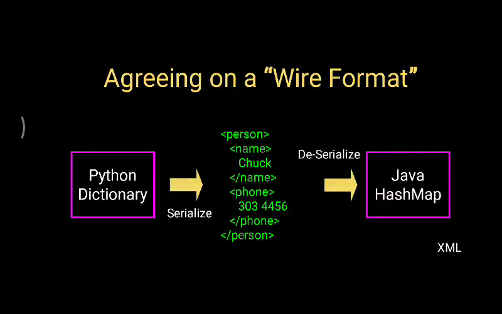Now you can see, as I said, agreeing on a wire format. Some data should be agreed on in a wire format, and that can be sent to any of the programming concepts, maybe a PHP array, maybe JavaScript notation, or a Java hash map, or a Python dictionary mapped to a Java hash map. The important point is that we will discuss XML as well as JSON with a Python dictionary.